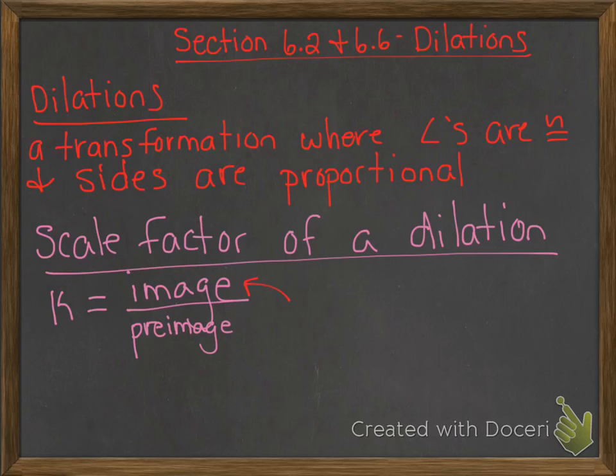If you remember from 4-9, our image comes after our transformation, and our pre-image is our starting figure. It's going to be before our transformation. So if you remember, the word pre means before. That'll help you out. Just remember, whatever we're starting with is going to go on the bottom.